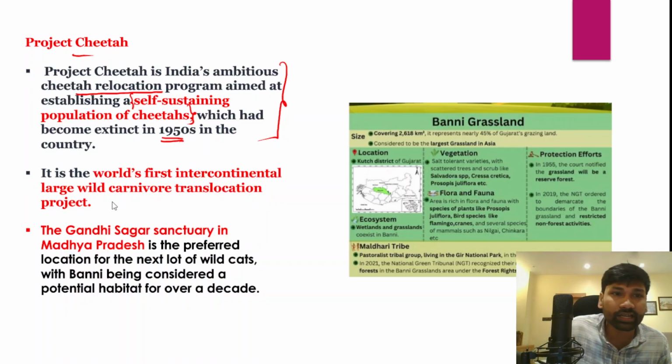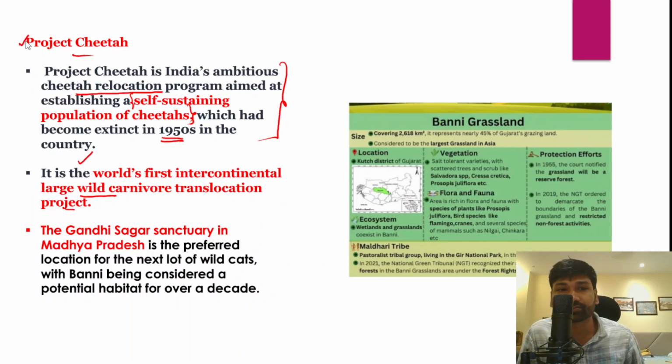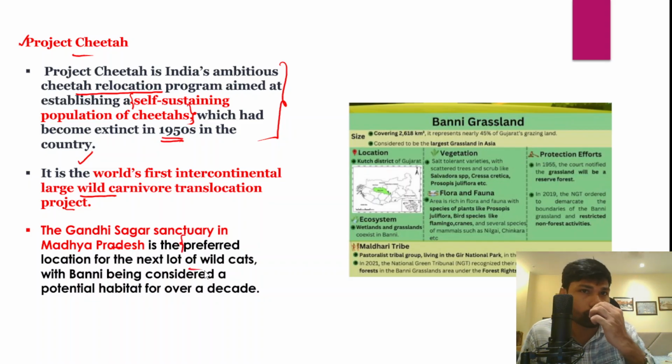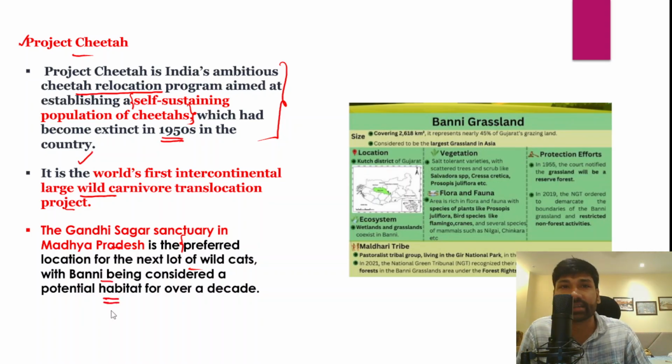This is the world's first intercontinental large wild carnivore translocation project. Gandhi Sagar Sanctuary in Madhya Pradesh is the preferred location for the next lot of wild animals, because Kuno Palpur National Park has already achieved saturation. Banni grassland will also be considered as a potential habitat over a decade. So that is Project Cheetah.